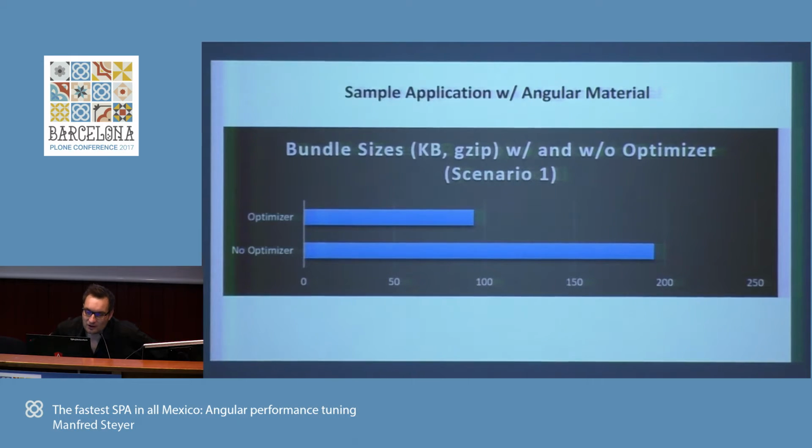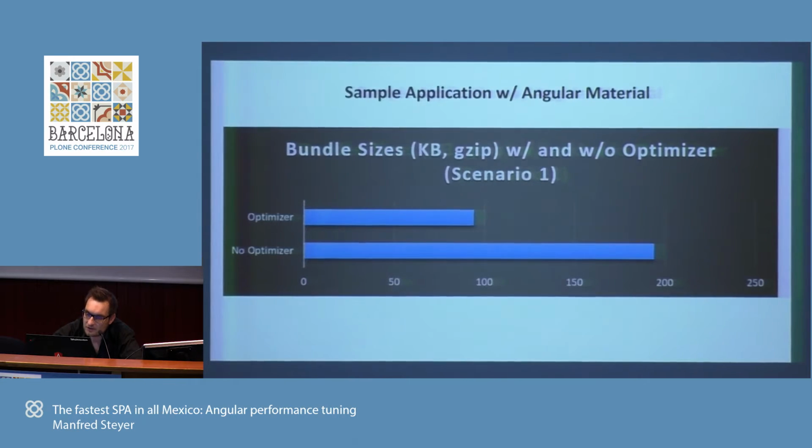I think this is quite awesome. Here I managed to cut the bundle size to the half. Please notice that here I'm using Angular Material. Angular Material is a huge component library with a lot of widgets, and most of us aren't needing all those widgets.